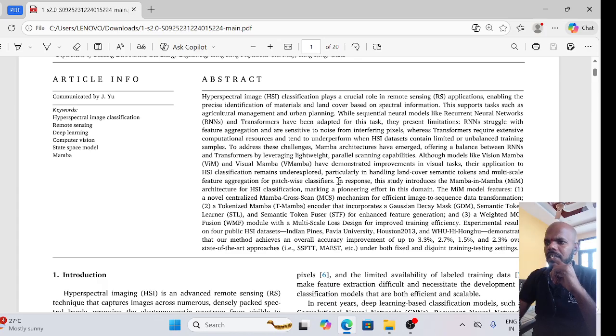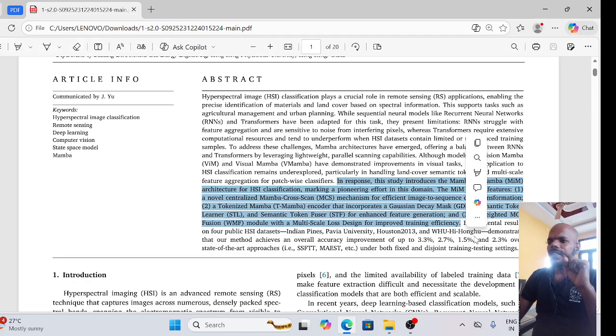Here you can see, in response, the Mamba in Mamba architecture for HSI hyperspectral image classification, mapping spatial and spectral domain features. So how those limitations are overcome by the proposed model is what they are discussing here, up to this point.